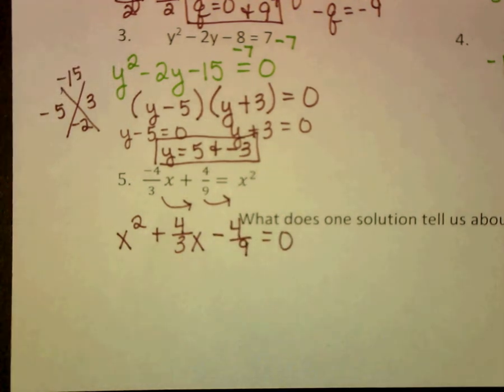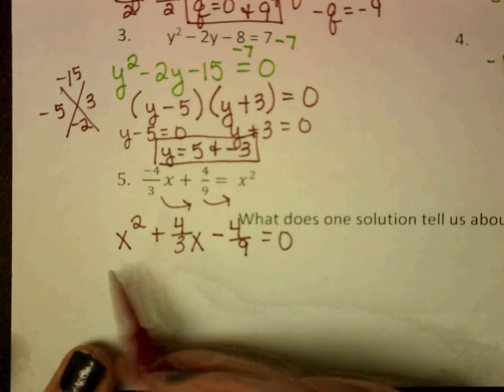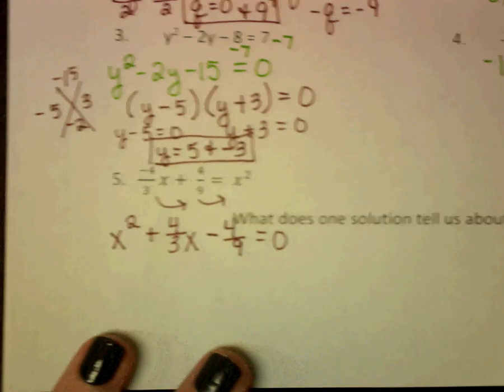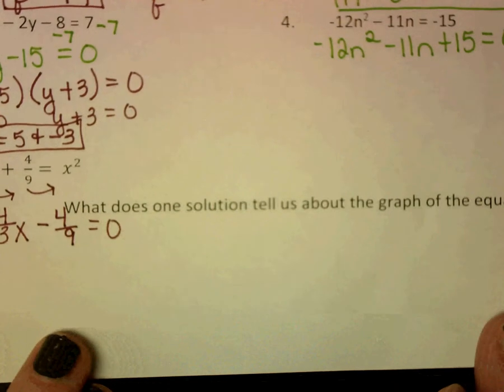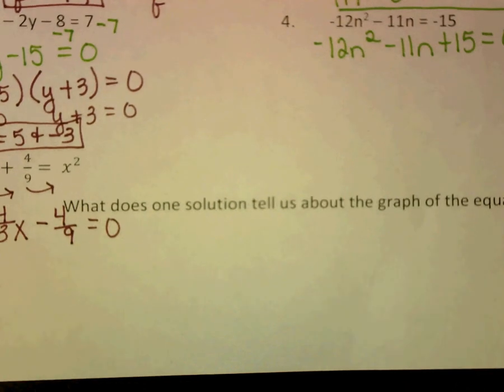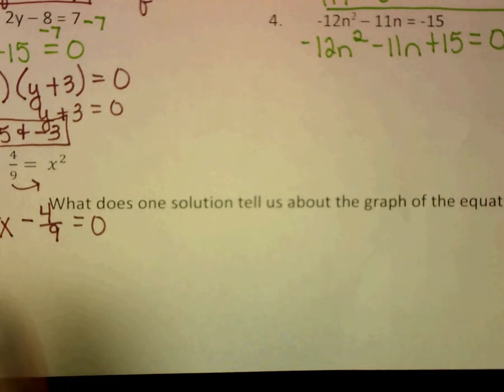Okay, and I want you to see if you can think about that one. See if you can factor that, and then we'll go from there. And then I want you to also think about what does one solution tell us about the graph of the equation. And so we'll talk about those last 3 things, number 4, 5, and the question in class tomorrow.